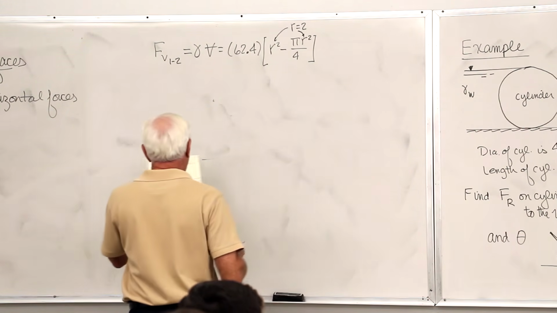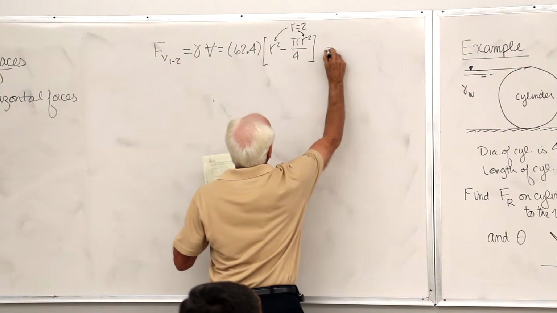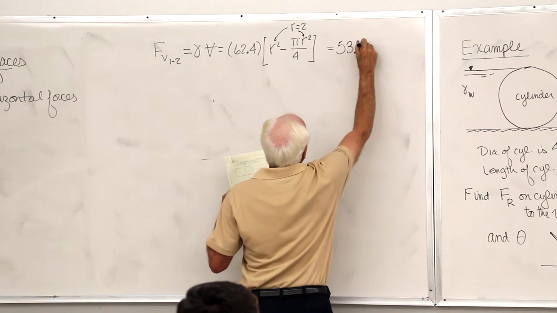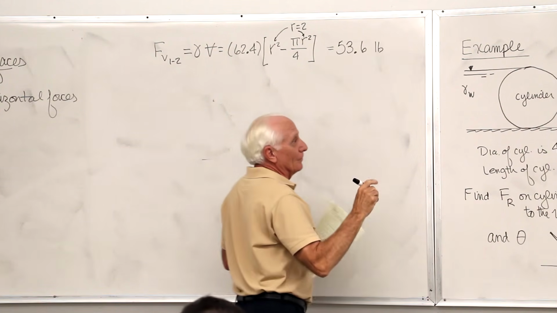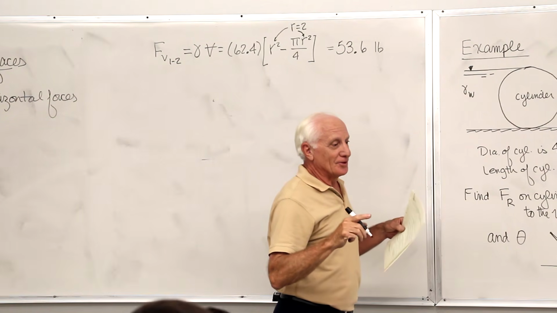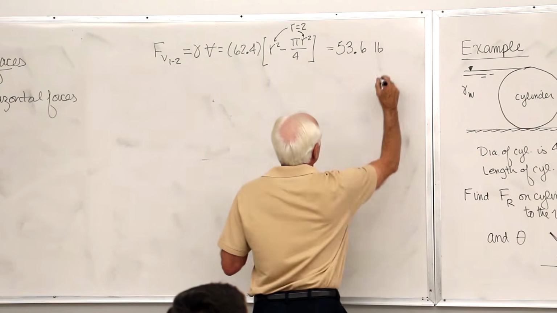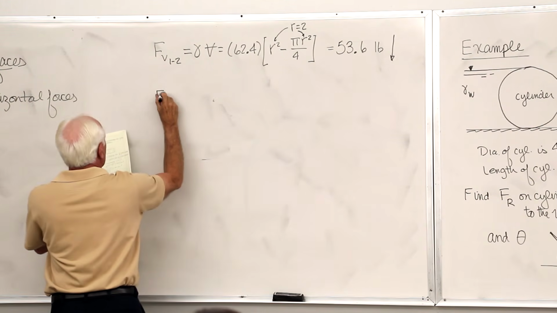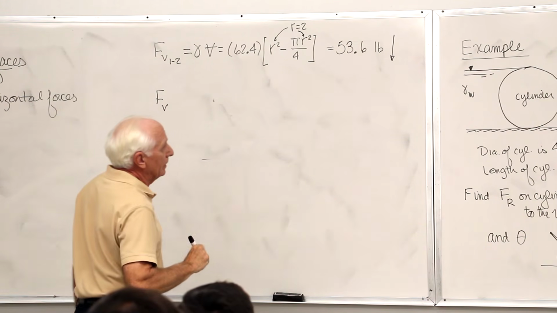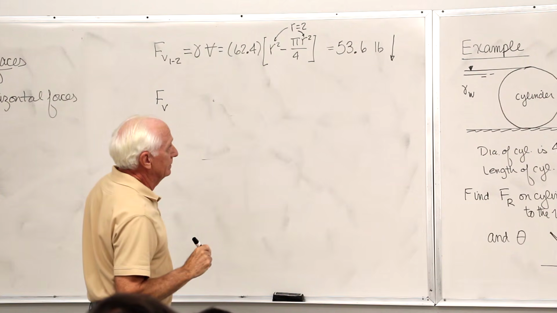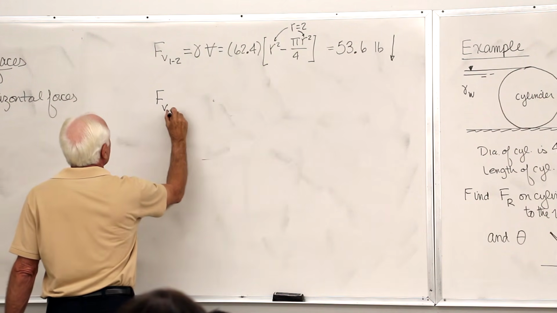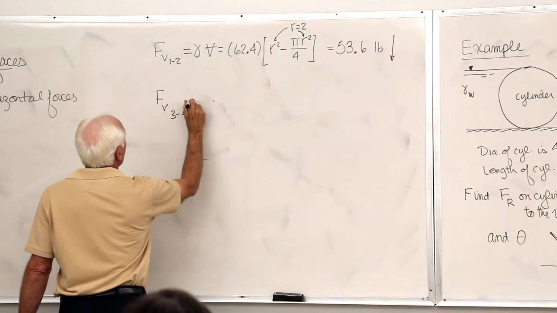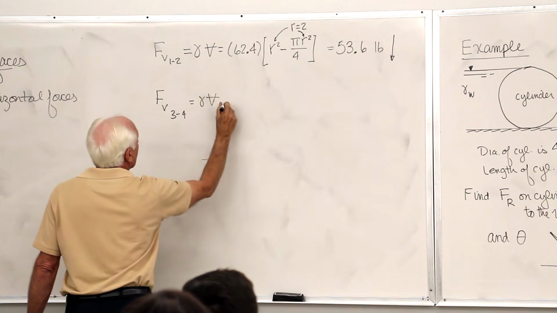Put the numbers in there, 53.6 pounds force. Which way does the water push on the surface? Down. F vertical on 3.4 is gamma times the volume.